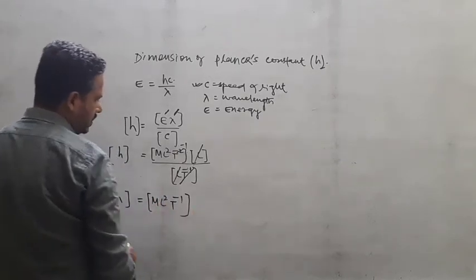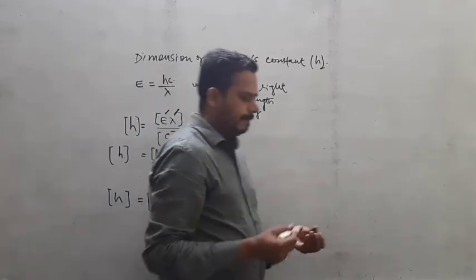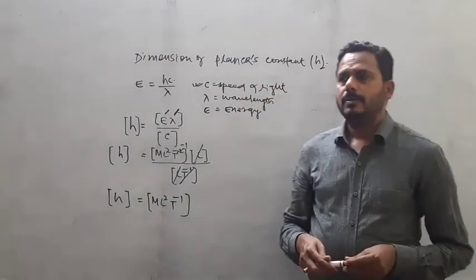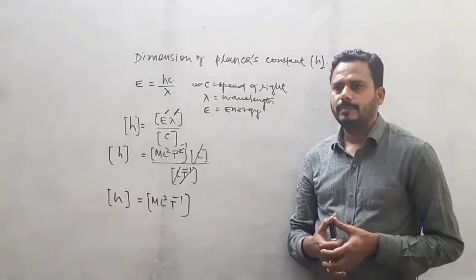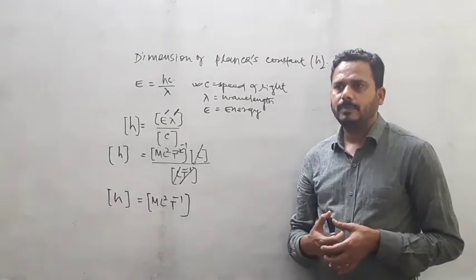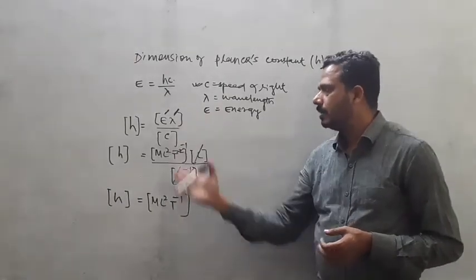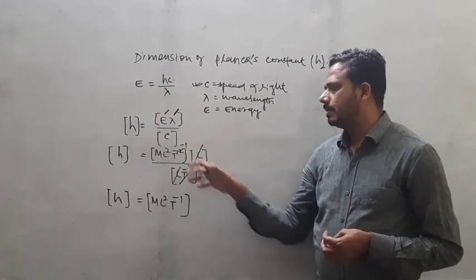Right? Okay. Then again you can also find the dimension of things like linear momentum and charge. Energy, from here, is ml2 t minus 2.